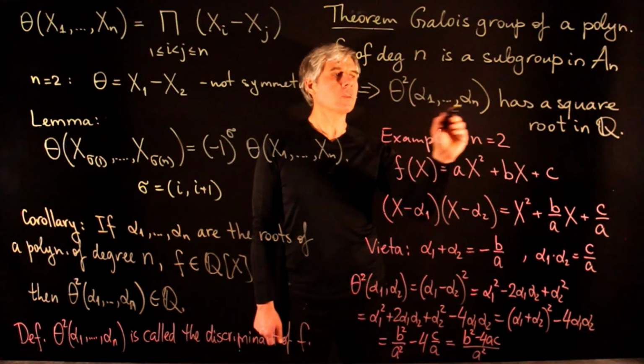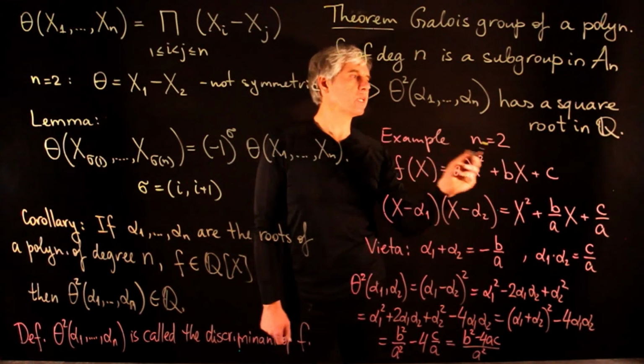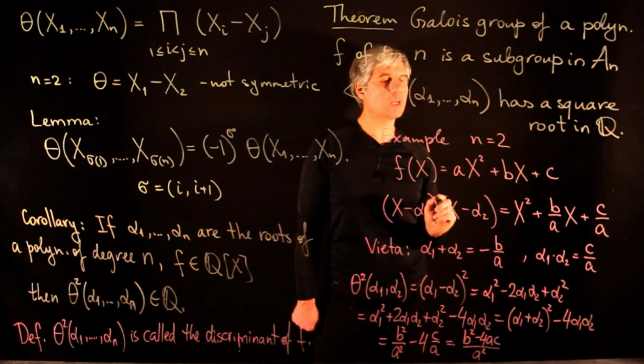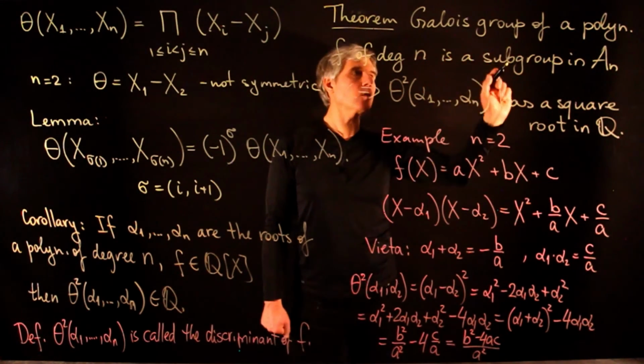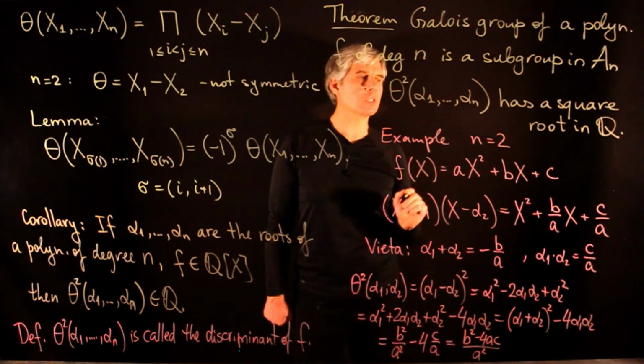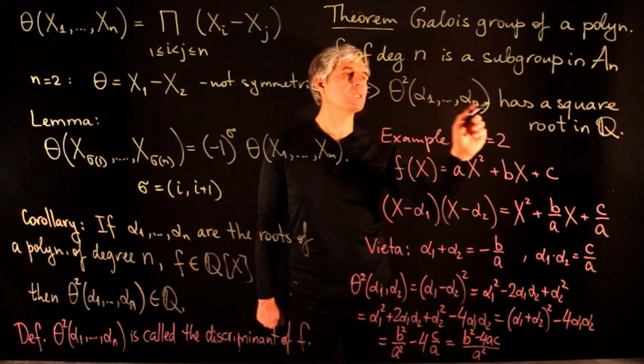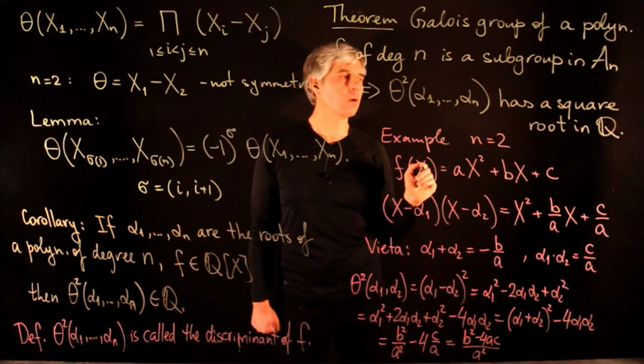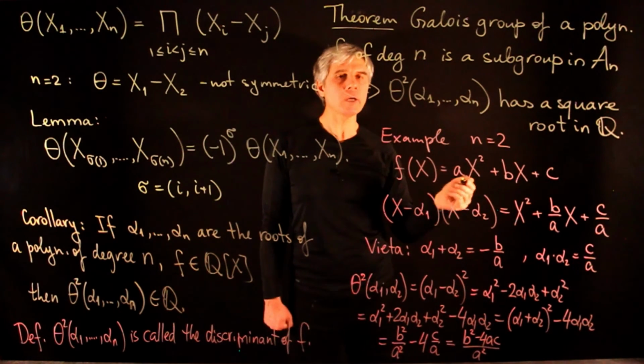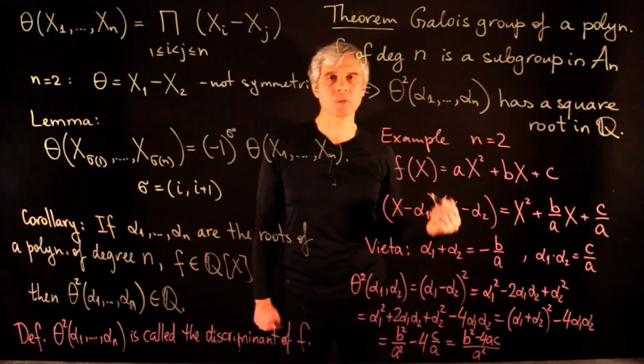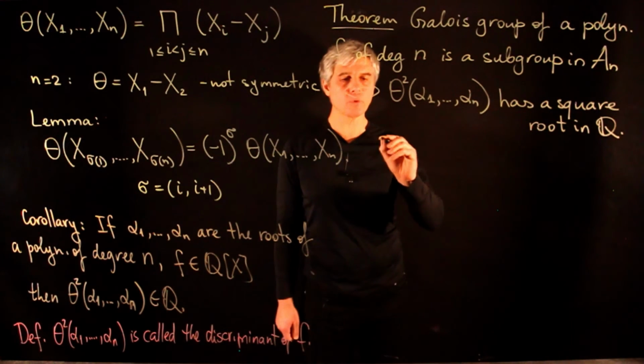So if the discriminant of a polynomial is itself a square of a rational number, then the Galois group consists of even permutations. And if the discriminant is not the square of a rational number, then the Galois group will contain odd permutations as well. Let's give a proof of it.